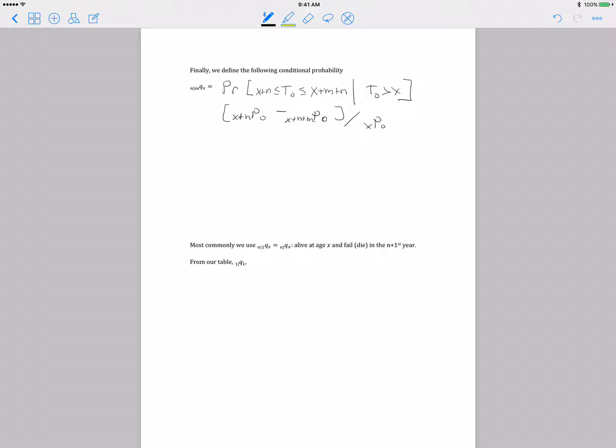We then want to use our multiplicative properties of probability, so this would be P0x, the probability a newborn survives to age x, and then age x survives n more years. And the second term we can rewrite: newborn survives to age x, and age x survives n plus m more years.